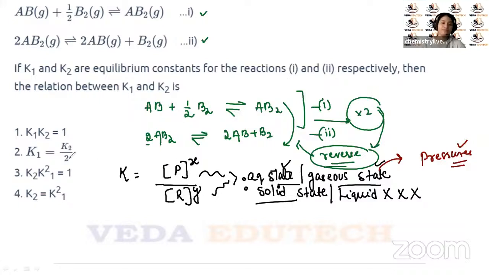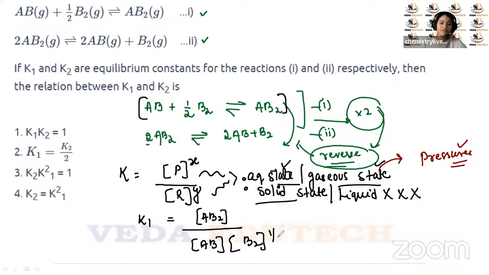Now, when you multiply something with the equation, that changes into the power. For example, if the equilibrium constant of the first reaction is K1, then it will be the concentration of AB2 divided by the concentration of AB into B2 to the power half, which is the stoichiometric coefficient.